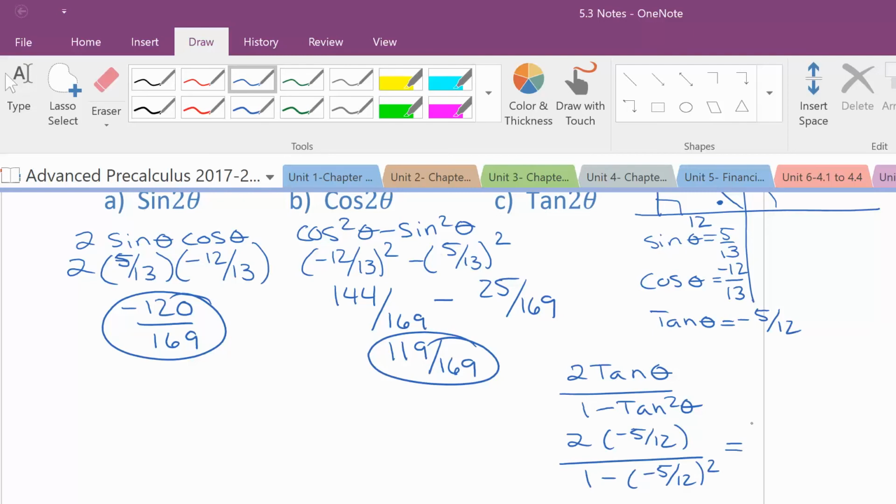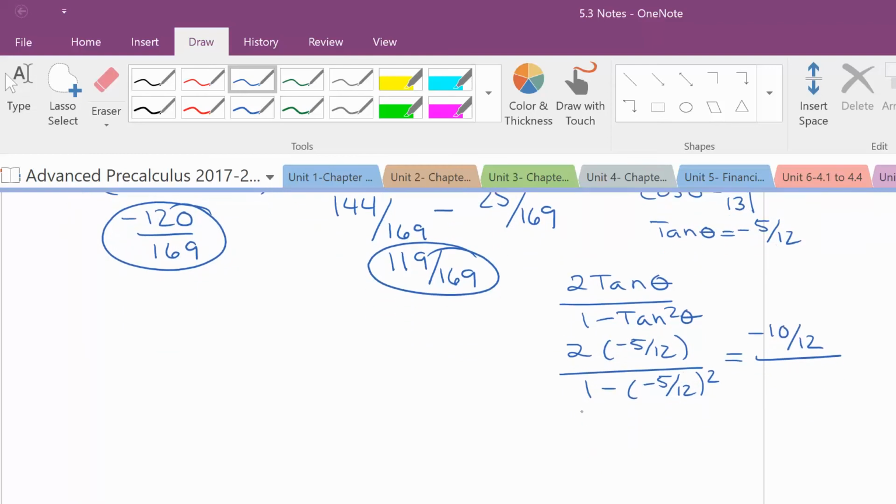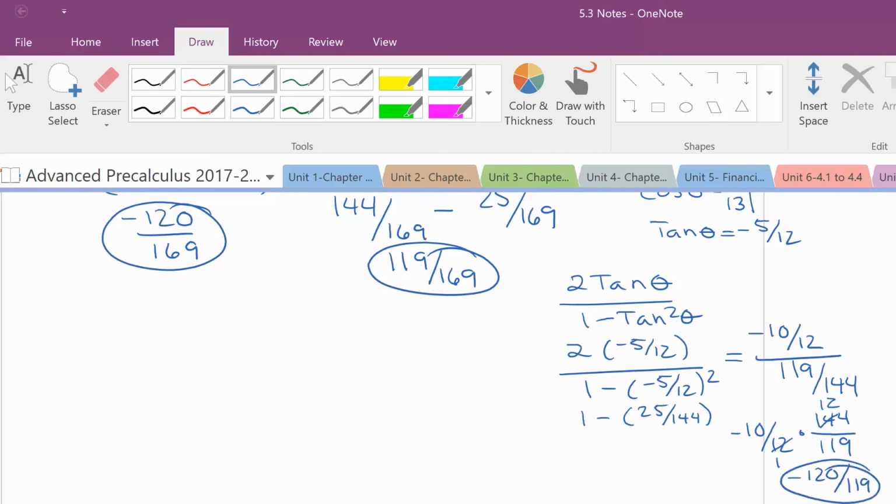When you multiply here, you get negative 10/12 over 1 minus 25 over 144. 1 minus 25 over 144 is 119 over 144. Then remember, when you divide, you multiply by the reciprocal of the denominator. So 12 goes into 144 12 times. So you get negative 120 over 119.